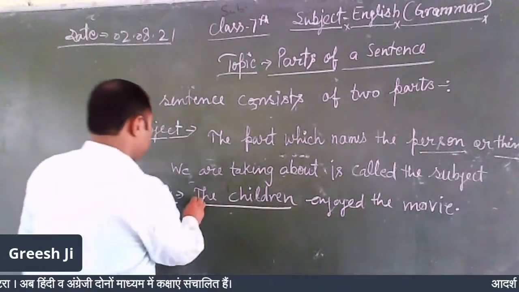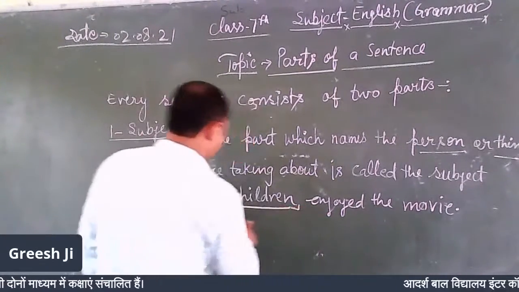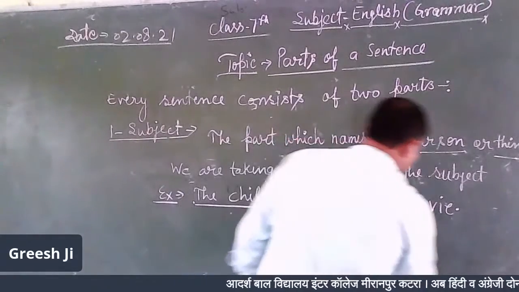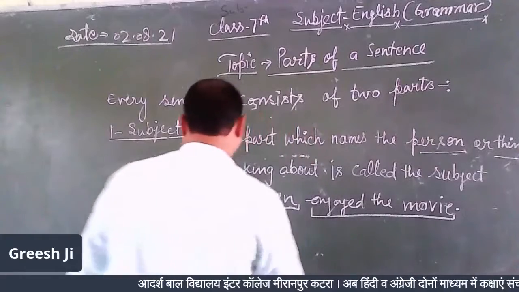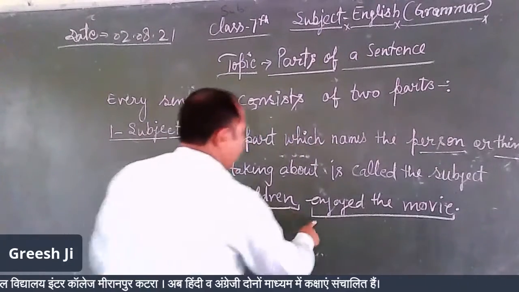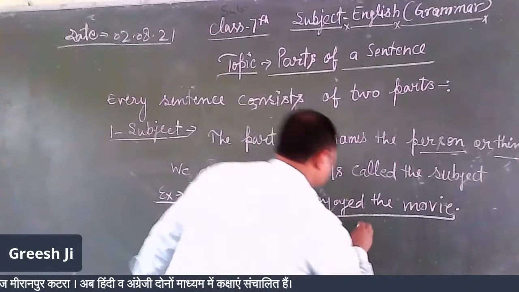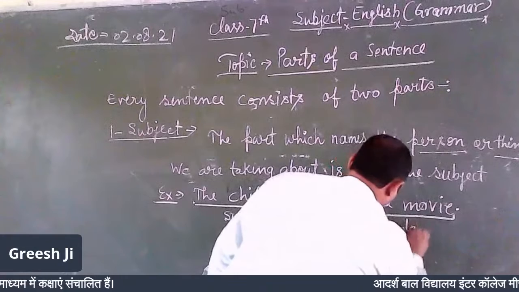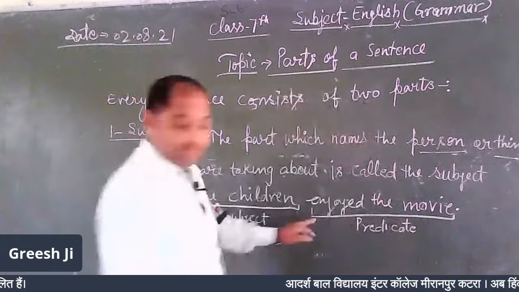Here, the children is a part of subject, and enjoyed the movie is a part of predicate. Okay?